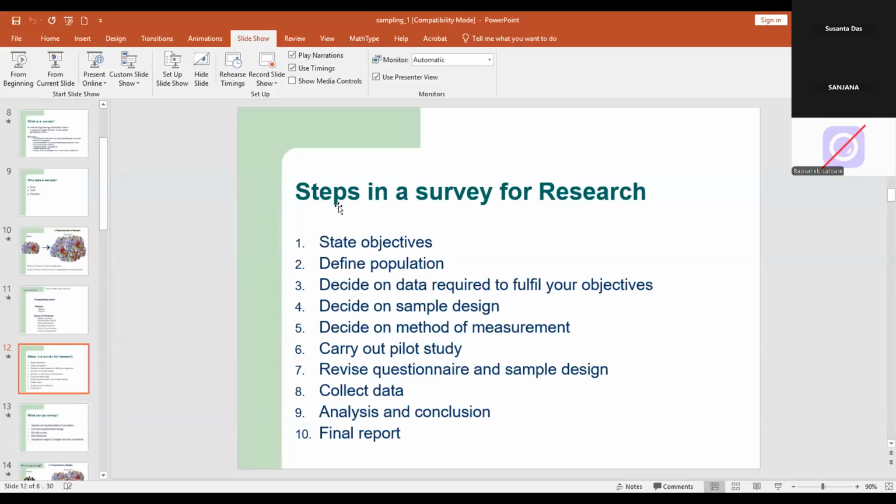If your sample is not representative of this population, whatever inference or conclusion you draw by using this sample is misleading. That's why the sample must be chosen so that it is representative of the population. The sample should represent the population.